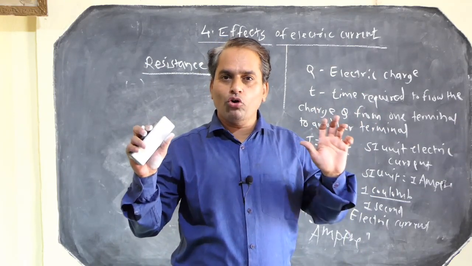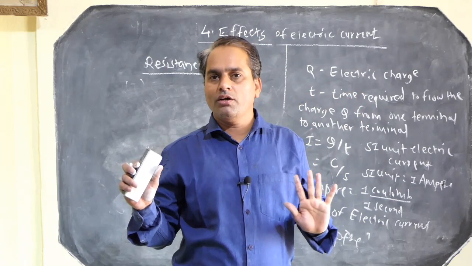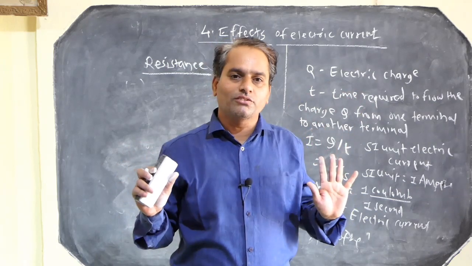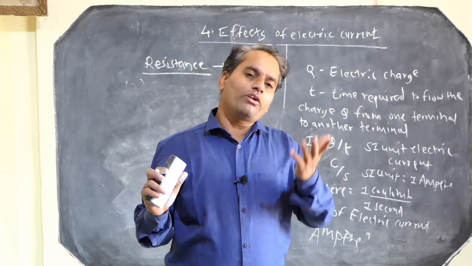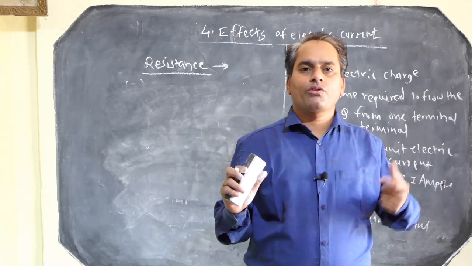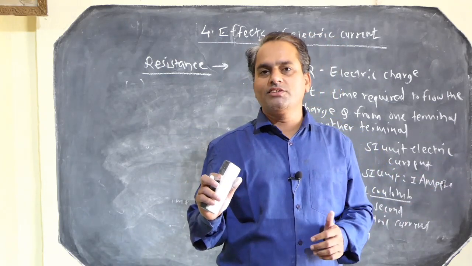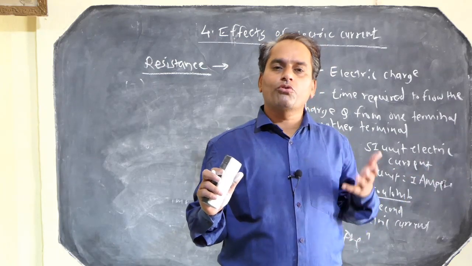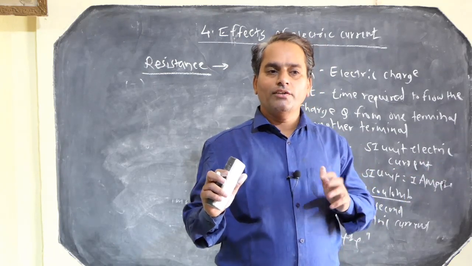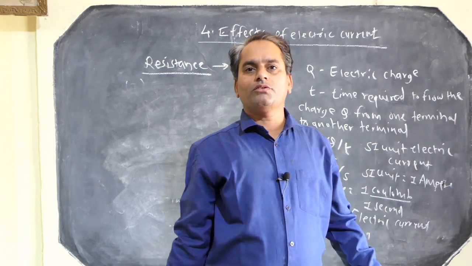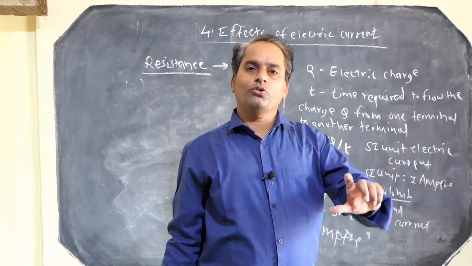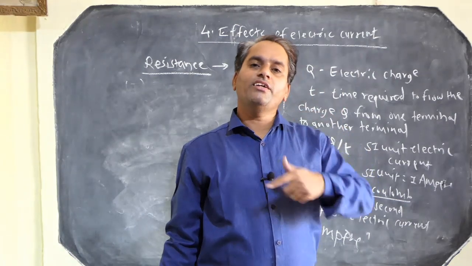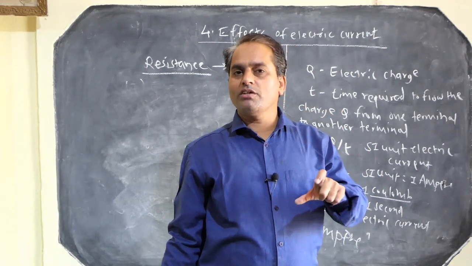That opposing force is the resistance. One more example: if we suffer from a disease, the immunity produced in our body resists the pathogens entering our body. This property is resistance.